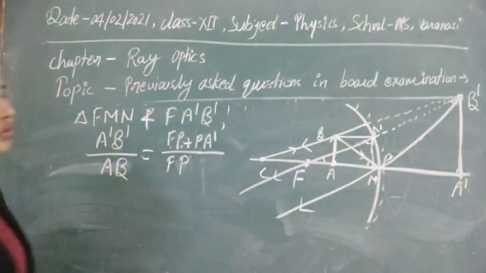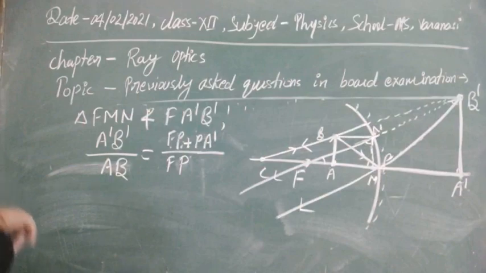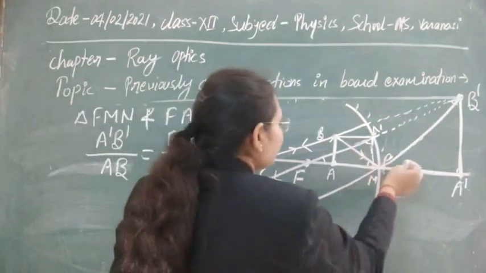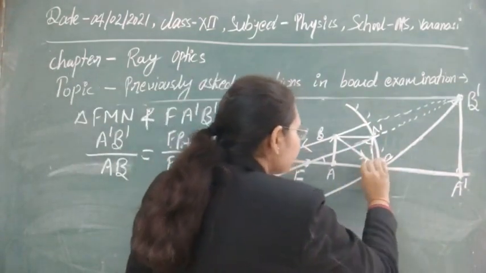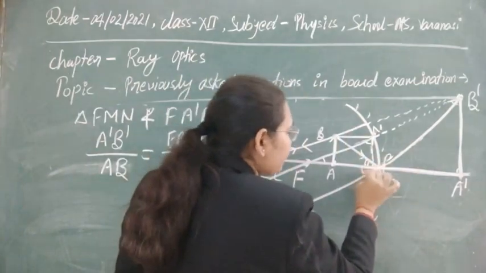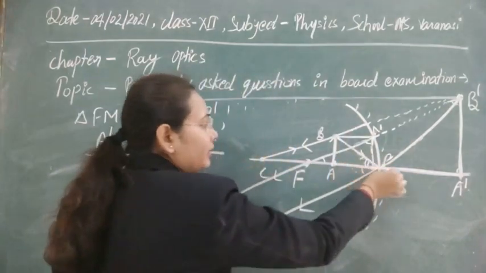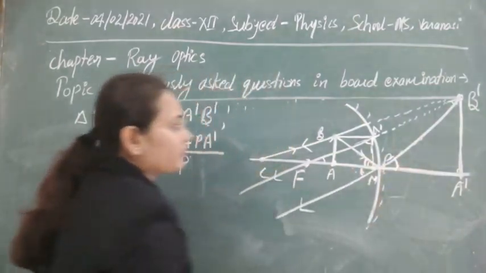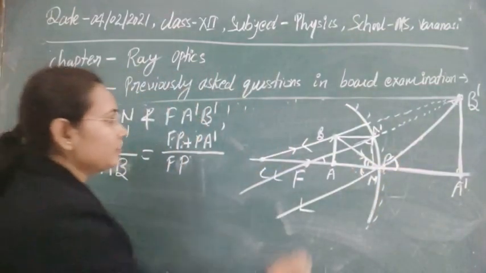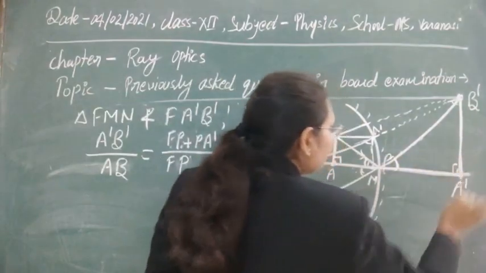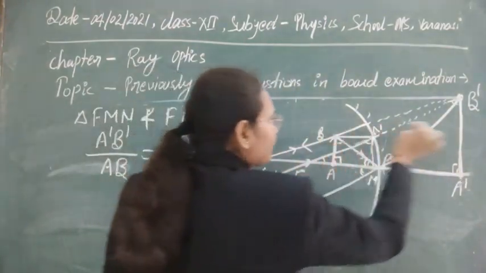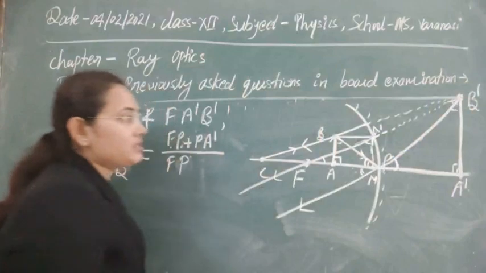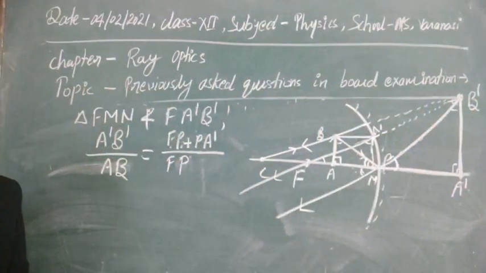In these two triangles, this is the angle of incidence and this is the angle of reflection, these two will be equal, and this angle is equal to this angle. Second, these two angles are 90 degrees, so they are also equal, then this angle will also be equal. Which means these two triangles are similar triangles again.